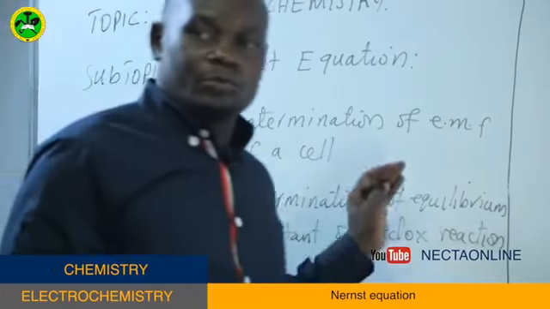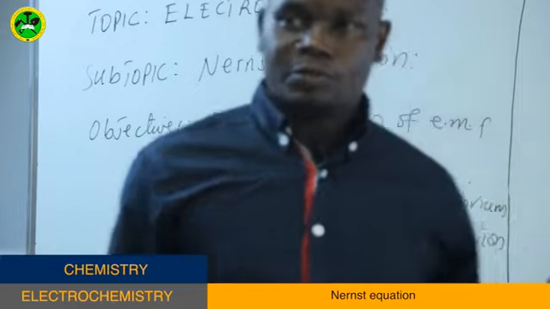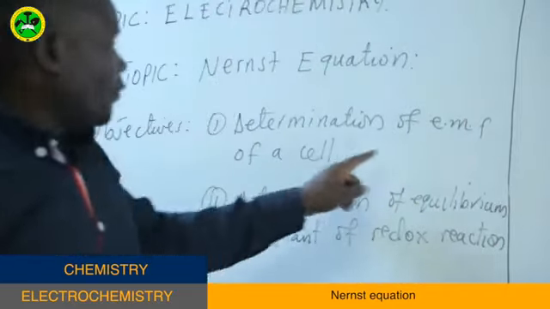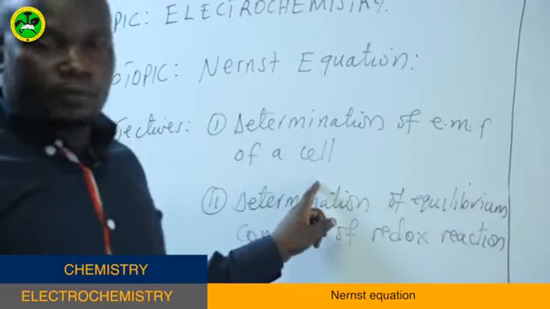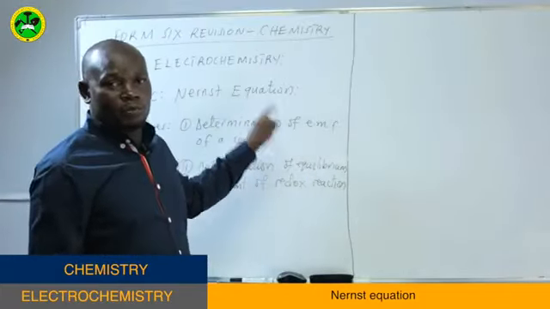So these are the two key issues that you are going to consider in this lesson today. Let us start with the determination of EMF of a cell. But how do you determine the EMF of a cell? By using the Nernst equation.